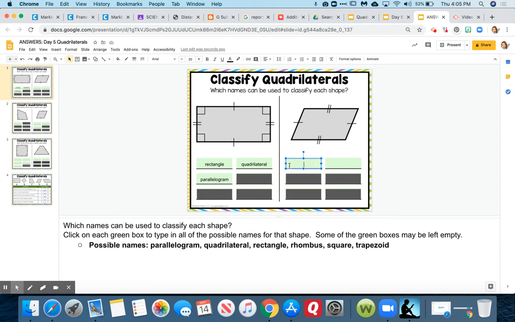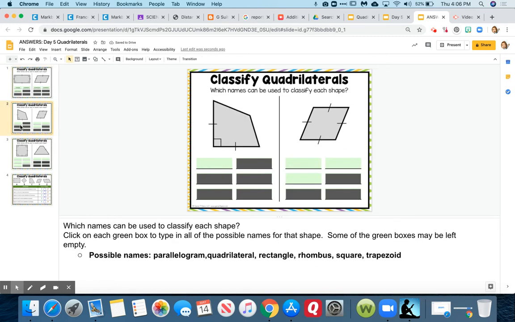That's the number 1 thing it is, the most specific name I could give it. And the other thing I could call it would be a quadrilateral. If it's got 4 sides, which I'm guessing all these shapes do, it's always going to be a quadrilateral. Okay, so let's come to the next slide.